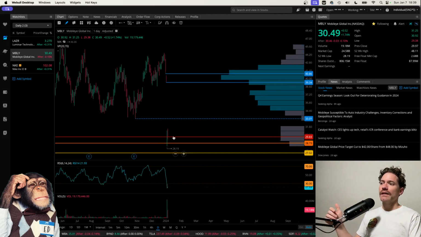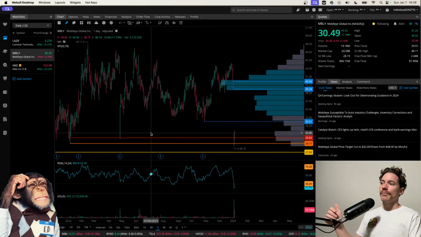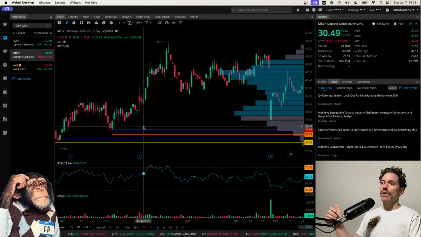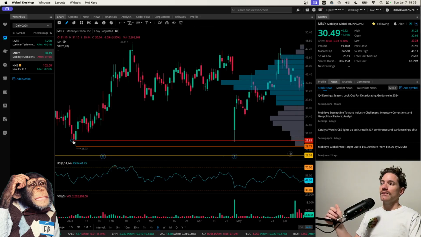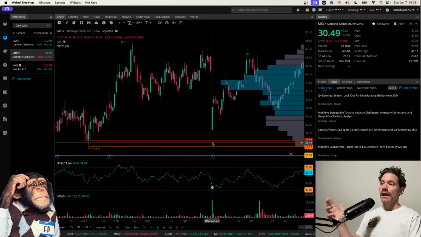And so these lines that I have drawn here are based on, let's see, the red one is based on these four touch points, or pivot points, beginning with the low on January 4th of 2023. And then we also have this dip down on, looks like, April 27th.